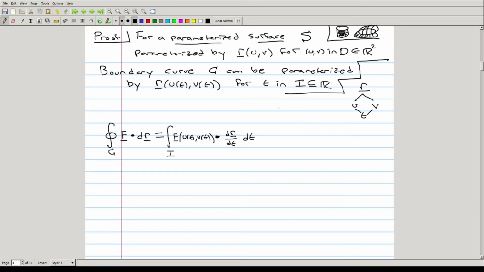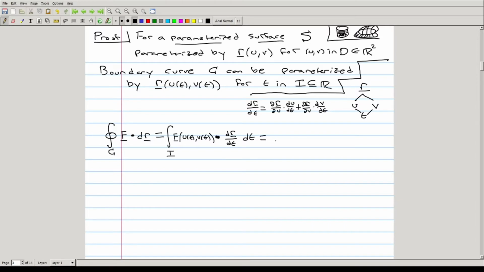But this means we have to use the general chain rule when plugging in our derivative for our tangent vector dr dt. The chain rule says that dr dt will be dr du times du dt plus dr dv times dv dt. This is the multivariable chain rule from multivariable calc class.